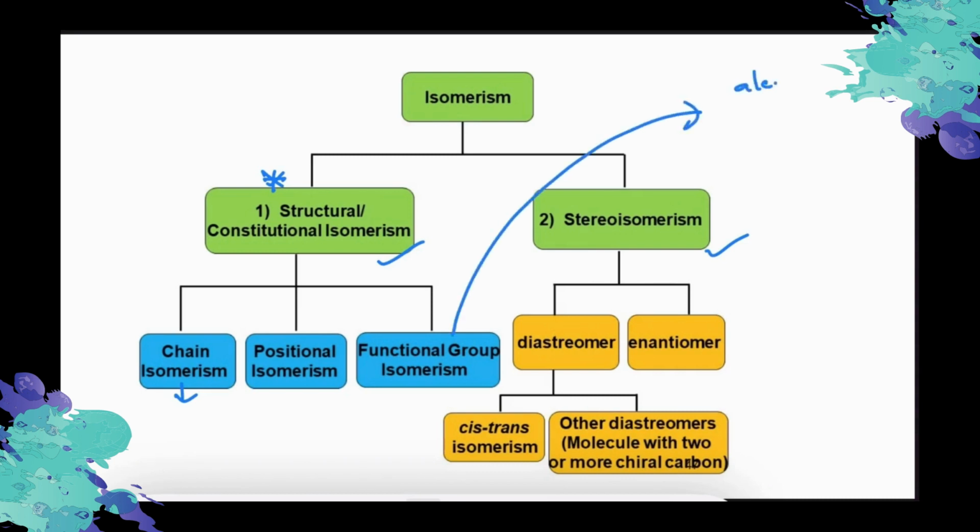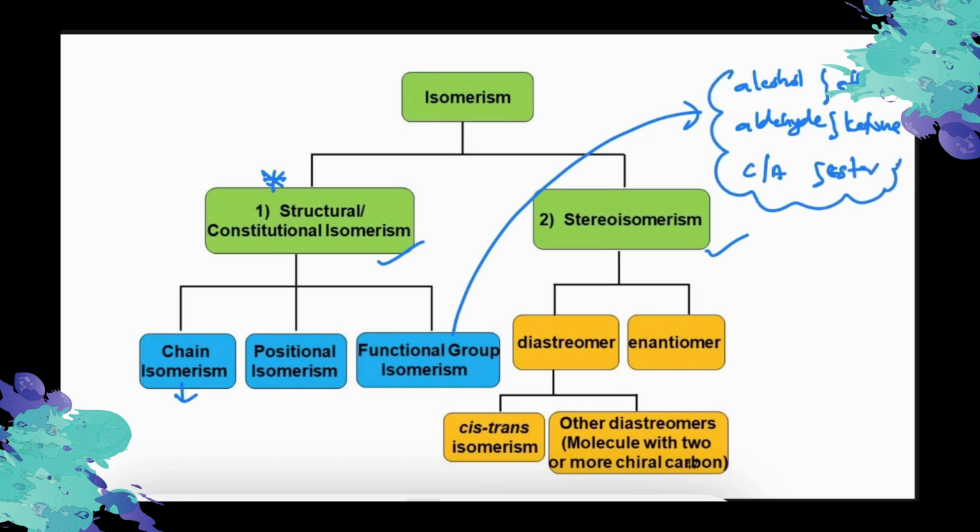Alcohol, the partner is ether. If you have an aldehyde, the partner is ketone. If you have a carboxylic acid, the partner is ester. So you have to remember this because the functional group isomers are between these partners.